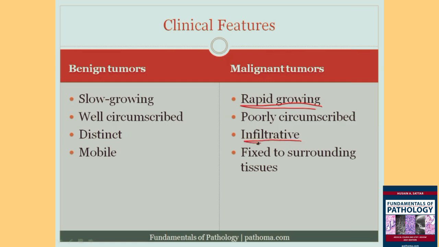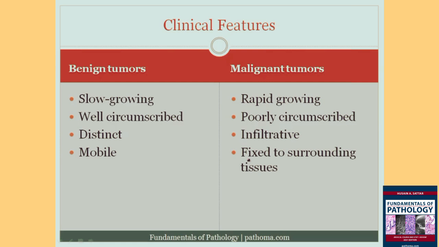It infiltrates into local tissues, and it's fixed to surrounding structures. It's not mobile, but instead it's attached, for example, to the chest wall in the case of breast cancer. And so these are some classic clinical features concerning benign and malignant tumors.